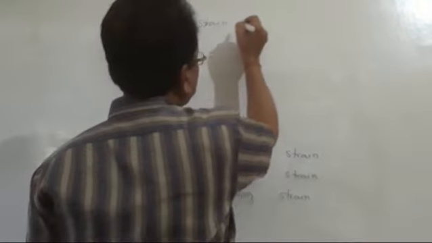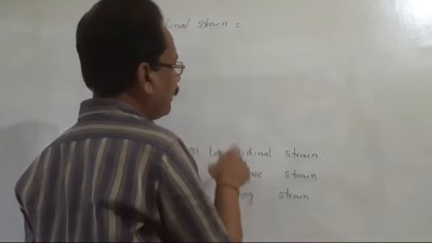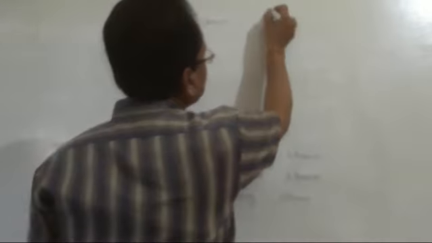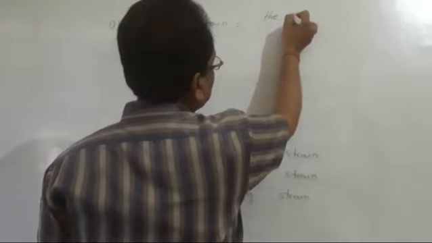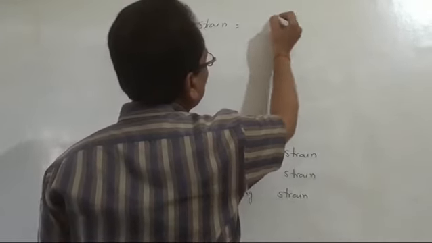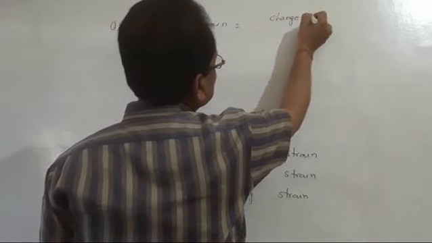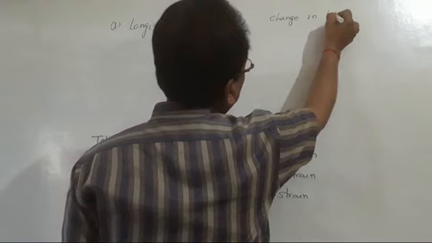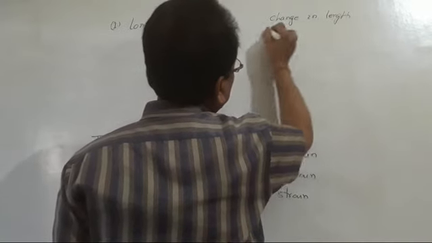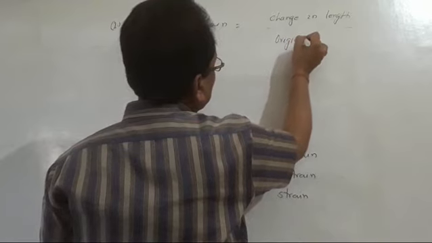This is, as we have read, the ratio of change in length to original length. So we may write like this, change in length to original length.